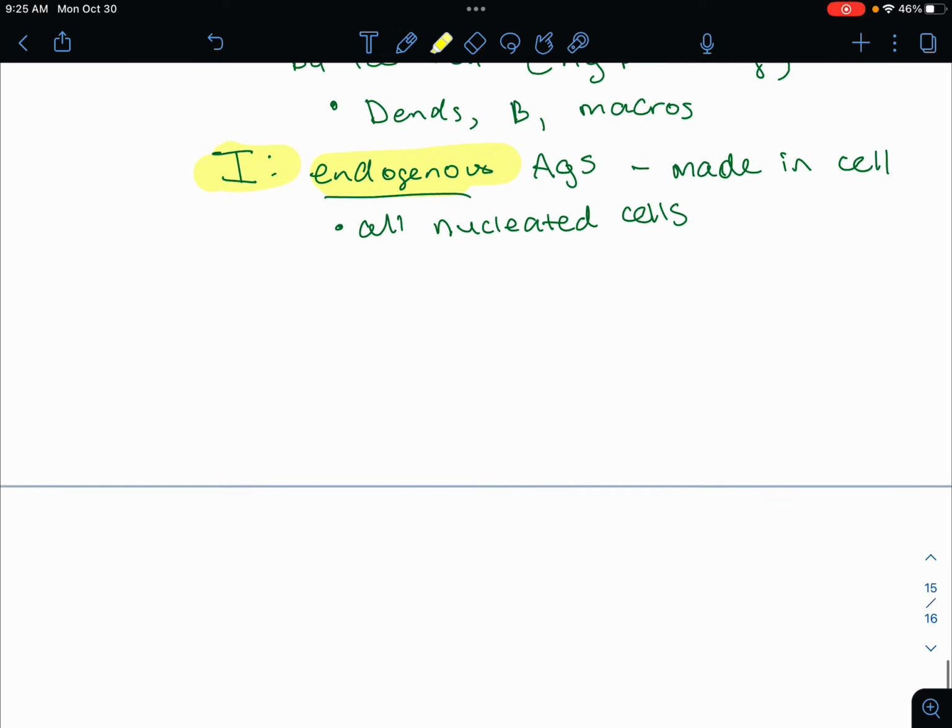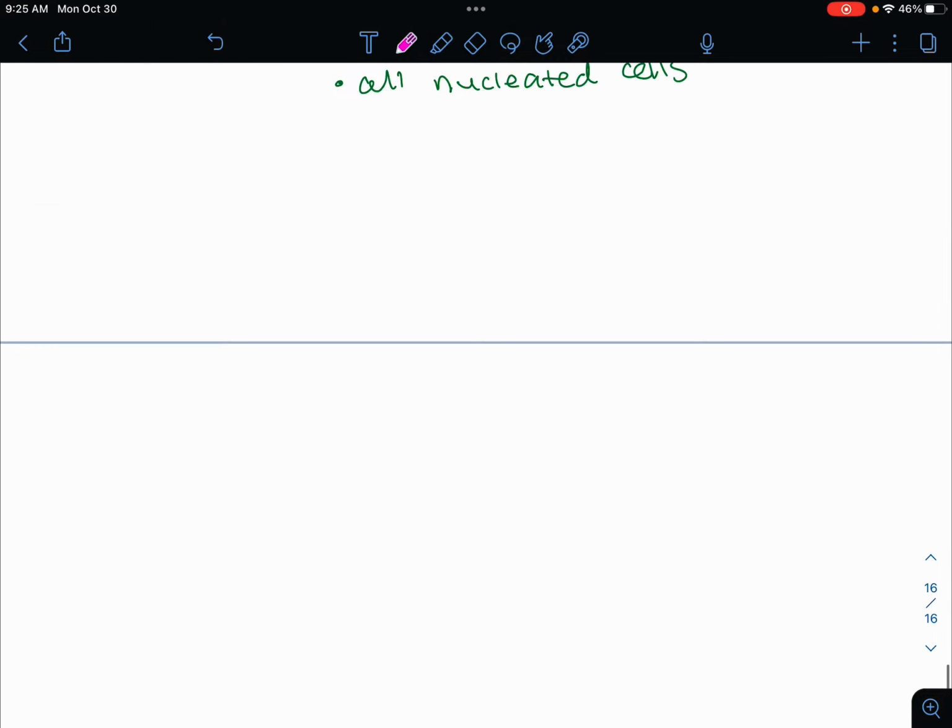Okay, so how do we activate them? So first we could use a dendritic cell. Again, either MHC1 or MHC2. MHC2 is going to probably take preference here because, again, it's exogenous material.